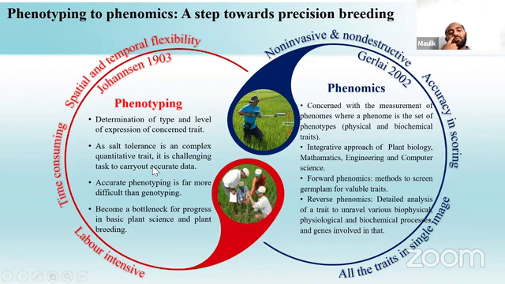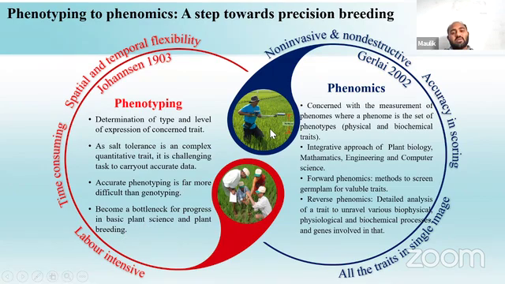So accurate phenotyping is far more difficult than genotyping, because nowadays genotyping is very simple; this is the era of next generation sequencing. In a single day, we can sequence the whole genome of rice. So it's simple, but phenotyping is difficult, and it's the bottleneck for progress in basic plant science and plant breeding.